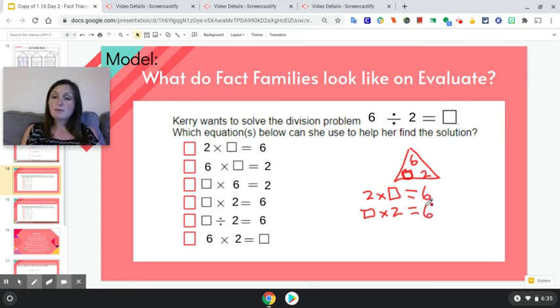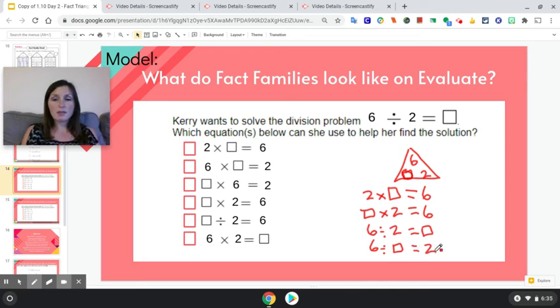And then I know with division, I would start with the big number. So 6 divided by 2 equals blank. I'm not sure. And then I flip those. So 6 divided by blank, which we don't know, equals 2.